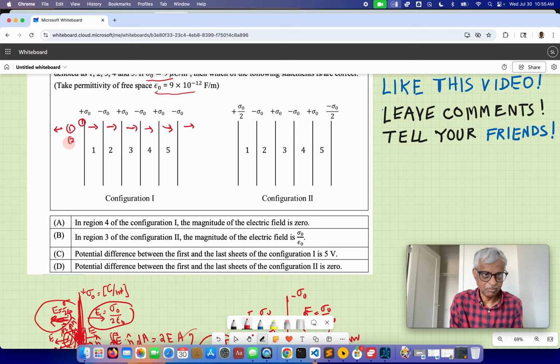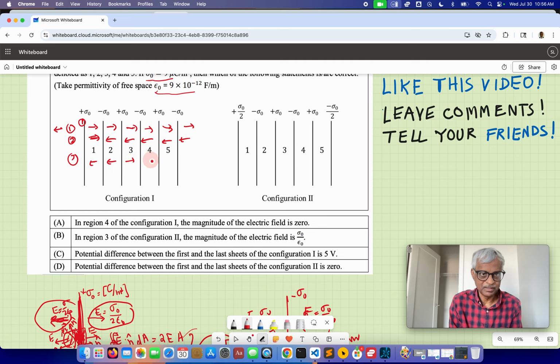So now look at plate 2. Plate 2 is going to be pointed towards plate 2, towards plate 2, towards plate 2. Plate 3 will be away from plate 3, away, away.